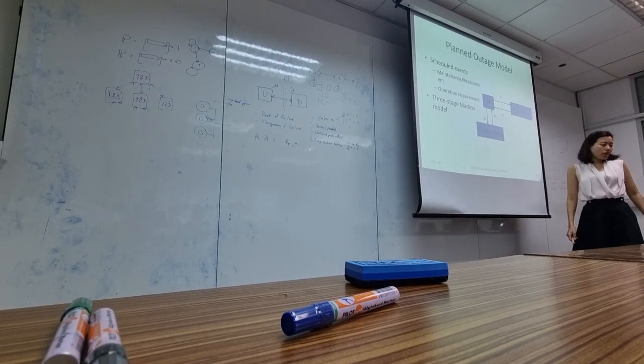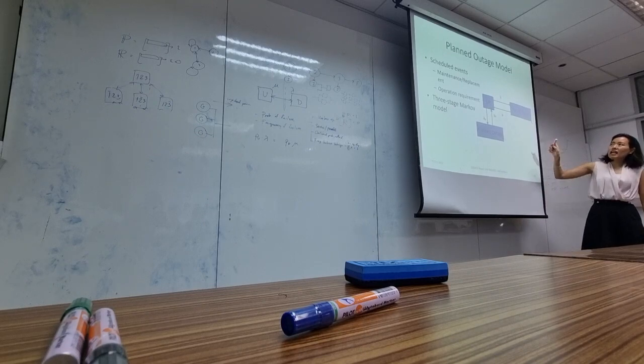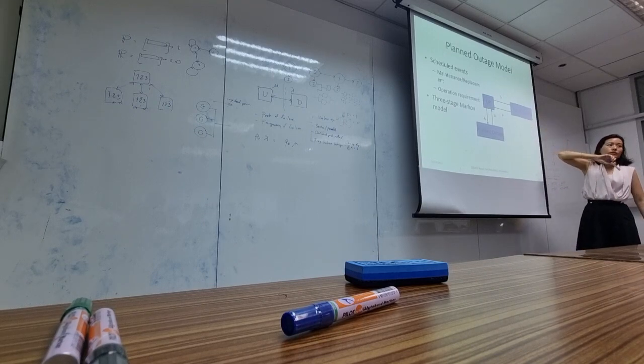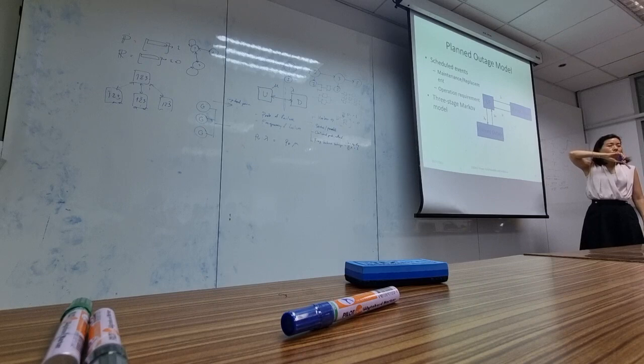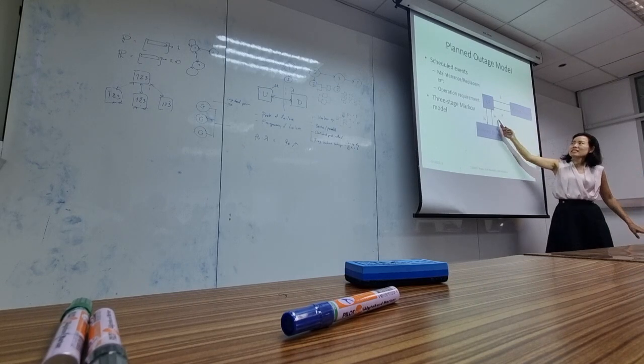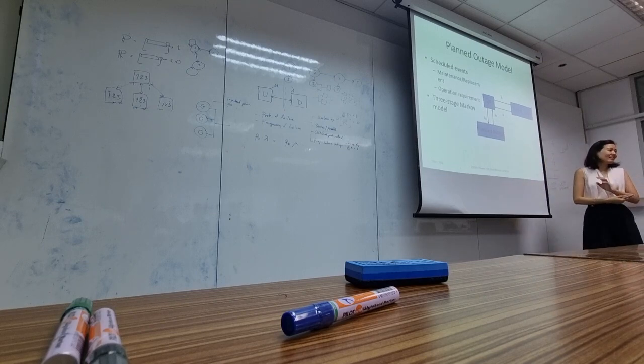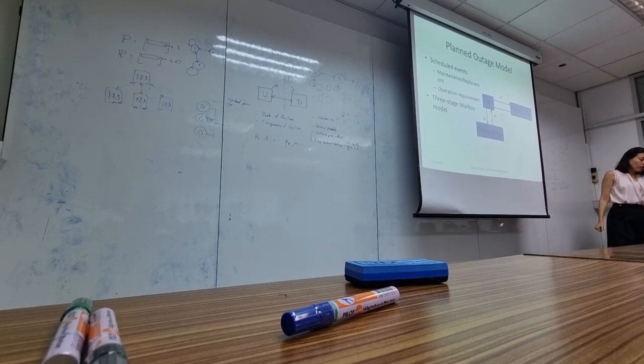Okay? But of course, when it comes to using this kind of model, the question that you need to ask is how you can come up with these parameters, right? So when you're using this kind of model, it depends on whether you have enough knowledge, enough history, enough information of your system.